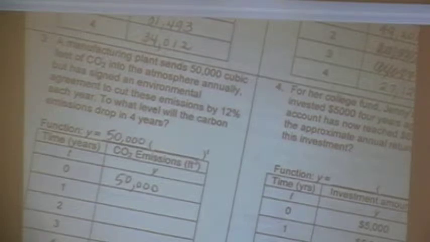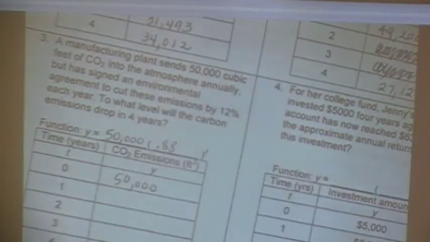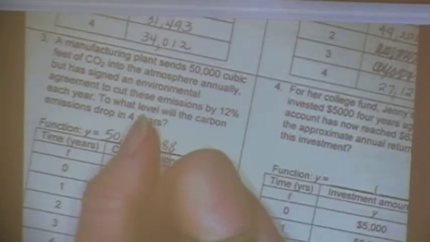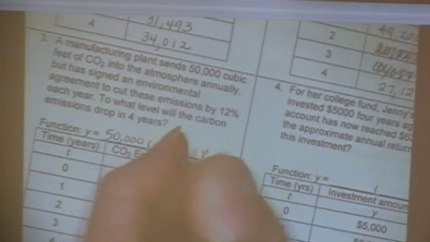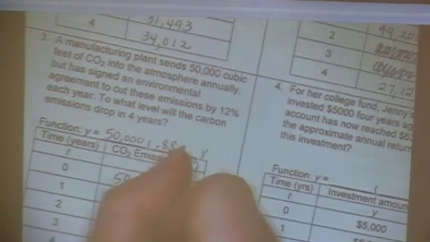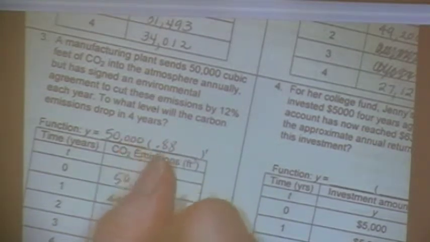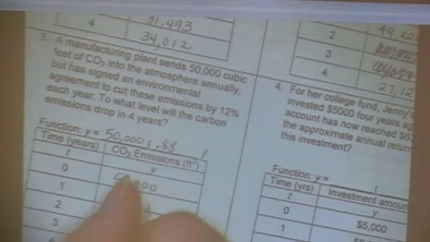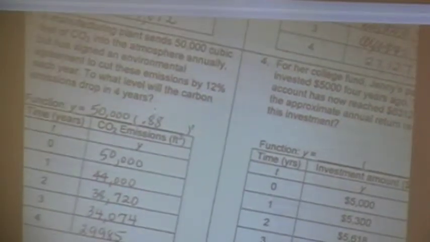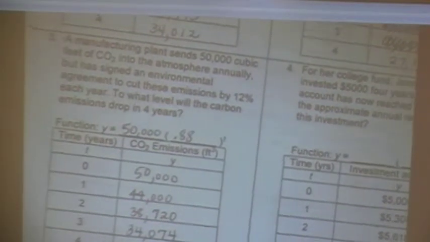So you do 1 minus the rate in here. So far, so good?